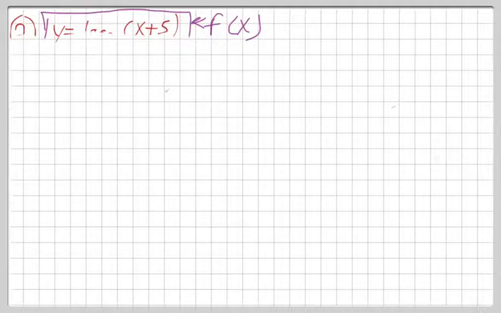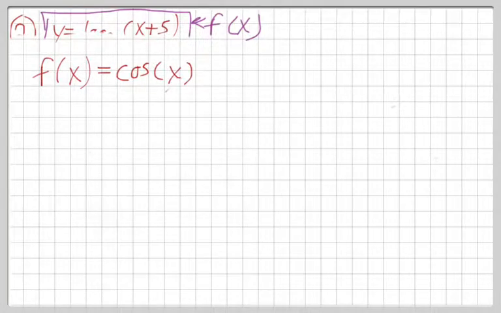Let's do this first problem very methodically, and eventually you won't have to be this meticulous with it. f of x, we're going to do this in red, is equal to cosine of x.